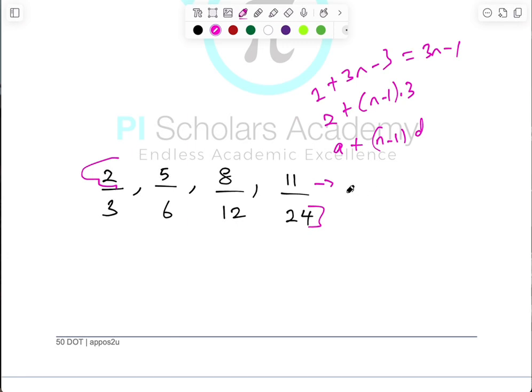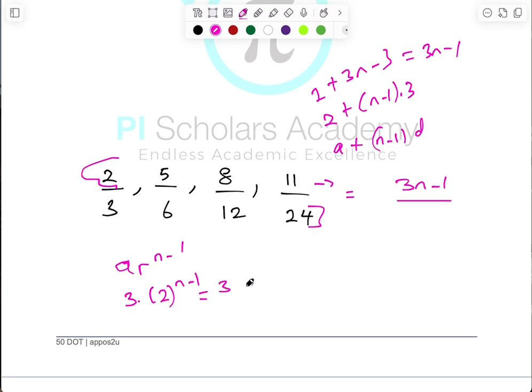So therefore, the numerator will be 3n minus 1, divided by the denominator. Look at this one now, it is a geometric progression. So using a r raised to power n minus 1, what is a? a is 3. What is r? 3 times 2 is 6, 6 times 2 is 12, 12 times 2 is 24. So r is 2, so 2 raised to power n minus 1.